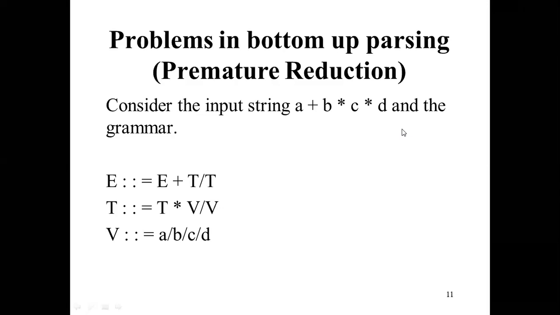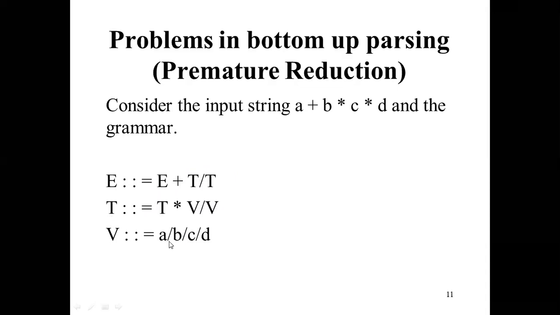Okay, and the grammar provided in this problem: E is equivalent to, either we can replace this E by E plus T, means this expression, or we can choose a single T. We can replace this E by E plus T or T. And then this capital T by T star V or single V. What is V?